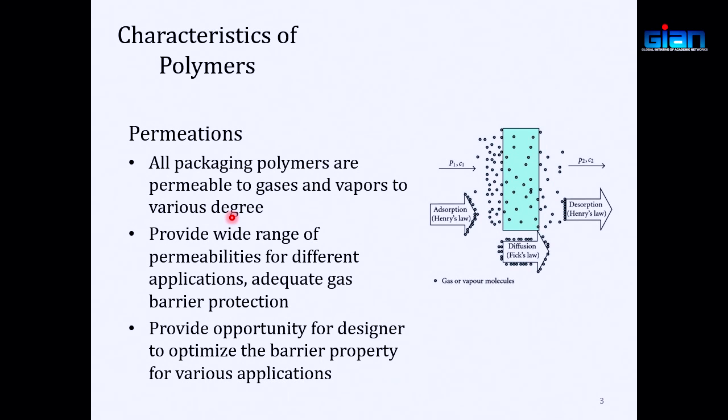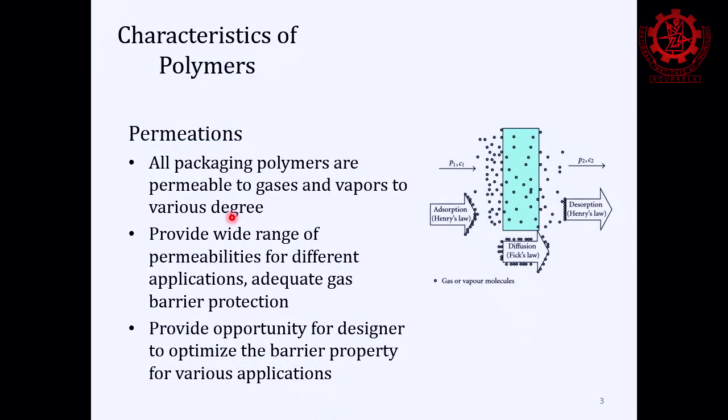Because we have wide variability, it provides an opportunity for designers to optimize the barrier property for various applications. So the requirement for gases for different food products is different, and this allows you to select appropriate polymeric films, or if not available, then it allows you to design a film which is suitable to give you maximum shelf life for a given food product.